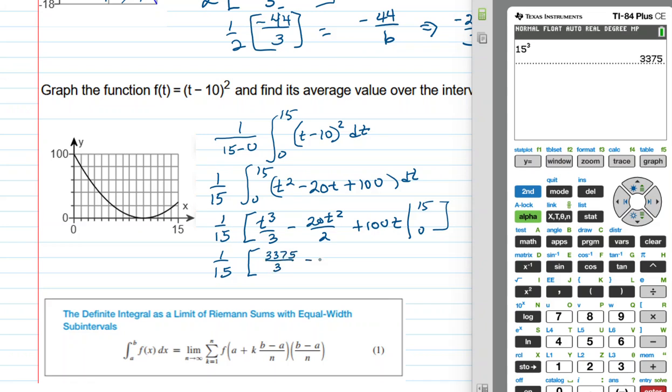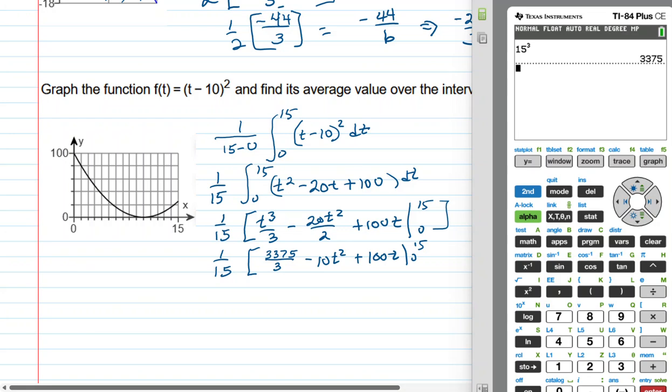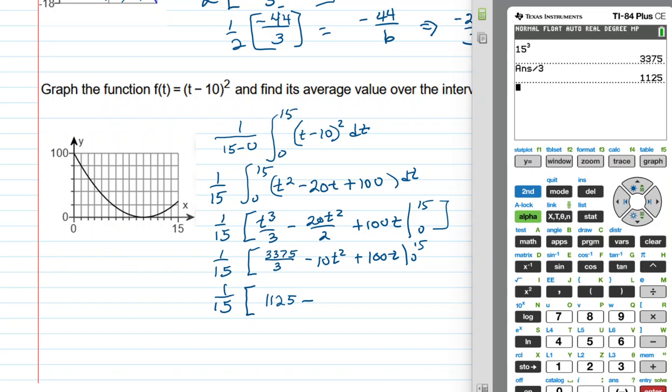This is going to be 10t squared plus 100t. Oh, and I forgot to put the t squared. The t squared is 120, 125?